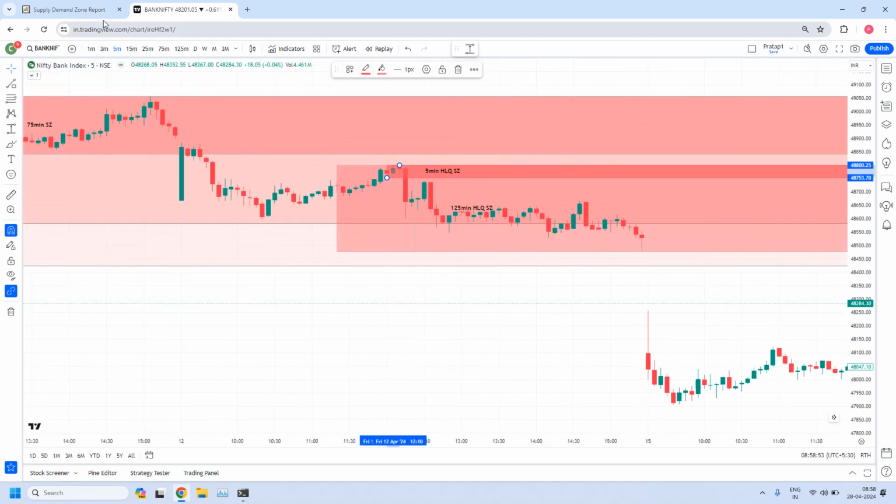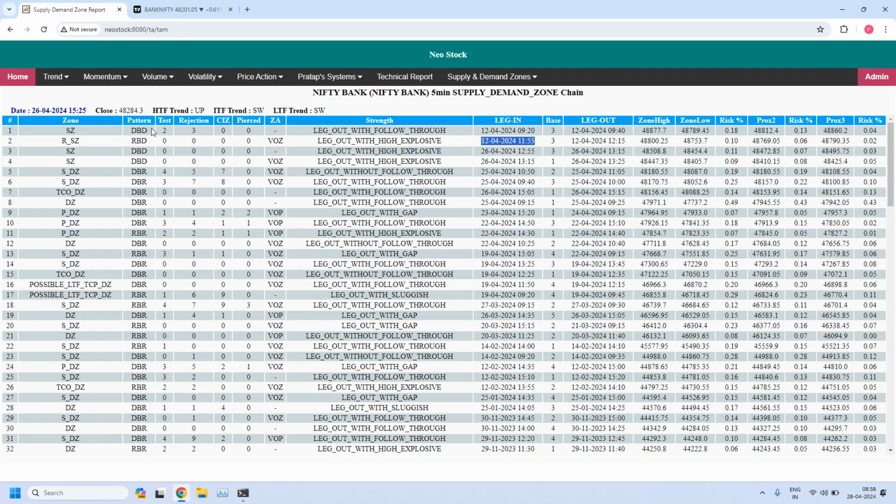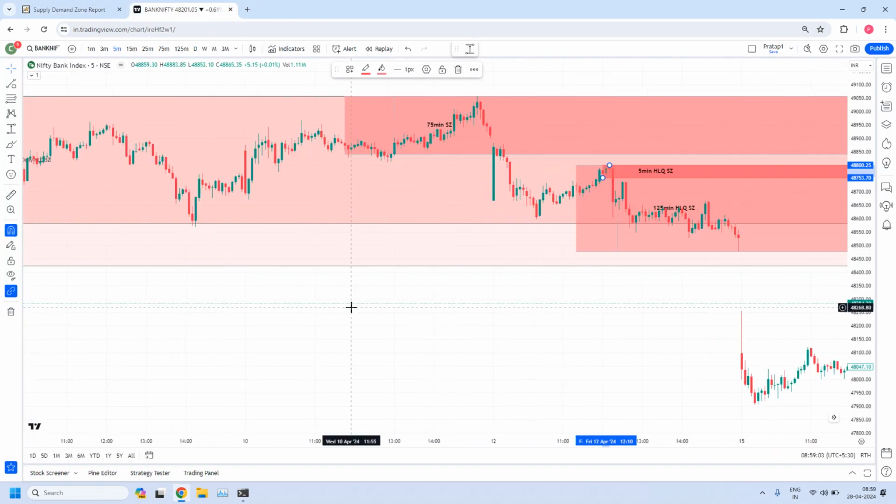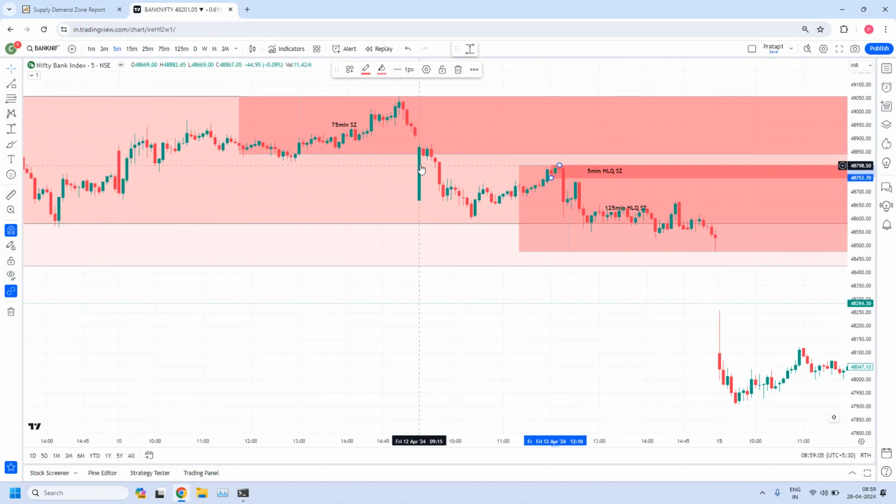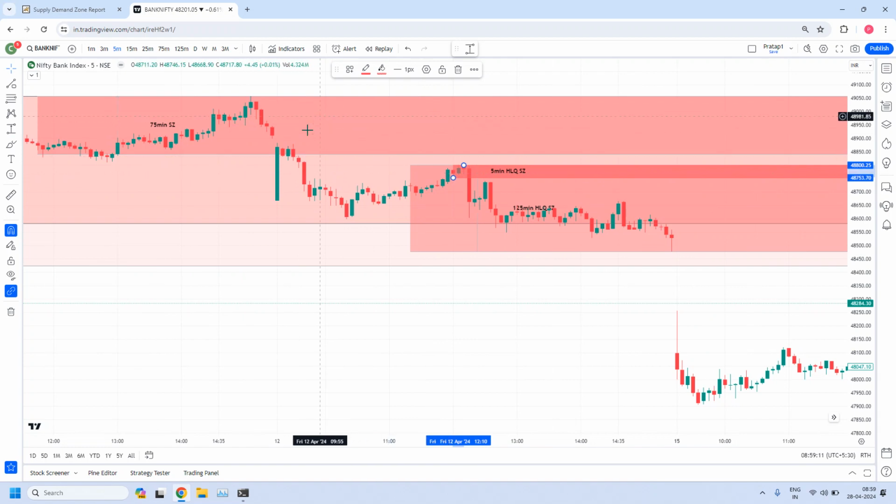There is one more supply zone, tested multiple times. Just out of curiosity, let me draw this. This is also from 12th April, the 9:20 candle. So that means somewhere here. This is the one, the 9:20 candle.